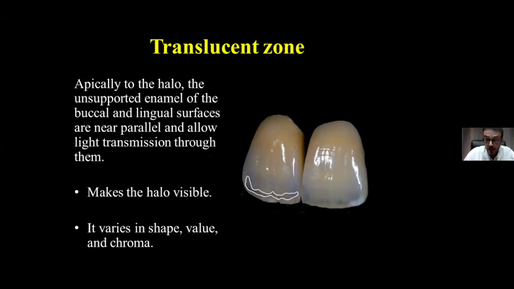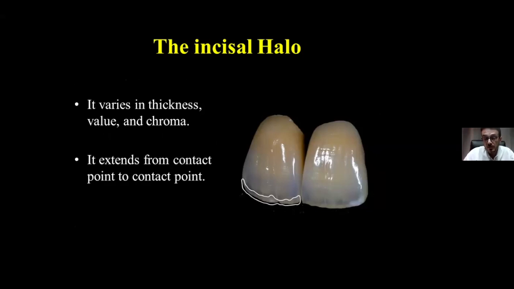So it doesn't really exist, it's just an opacity resulting from incomplete translucency of the incisal edge at this point. It may appear with different colors, maybe that of the dentin, the basic shade of the tooth, or it may have a white color or maybe a vanilla color. At the end, we have to see if it does exist or not, and if it exists, we have to know what color it is, and its extension and thickness.